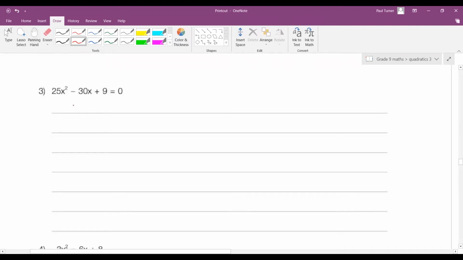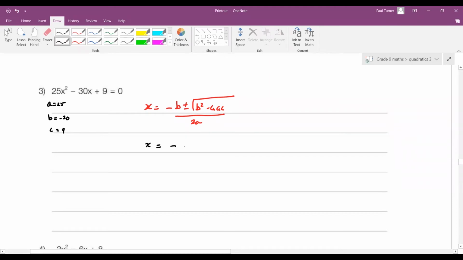Okay, so the first thing to do again, write your formula. Okay, and then we just substitute our numbers. So A is 25, B is minus 30, C is 9.